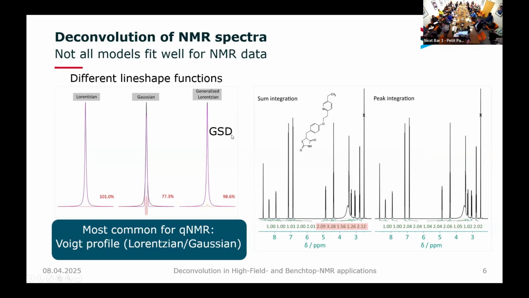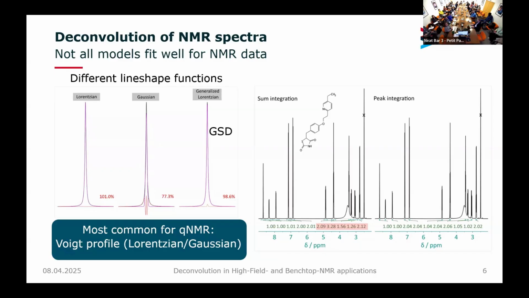For example, with GSD in Nova, you find another term, a generalized Lorentzian, and you can see the coverage of the fitting to a real signal would cover only 98% here. So it's nice for what it's meant to be used for, like extracting peak features, for example automated structure verification, getting some multiplet data, and that's why they're doing it. It's a very fast technique, so you can save some computational cost. But if you want to have some accurate signal areas, you don't want to use this.